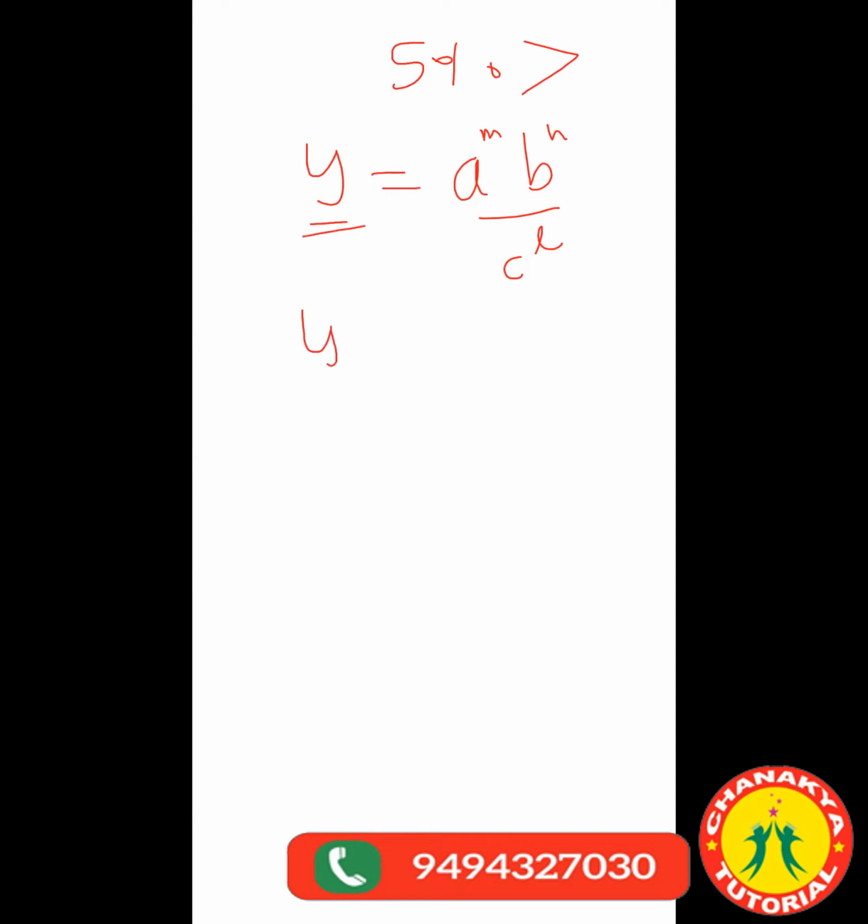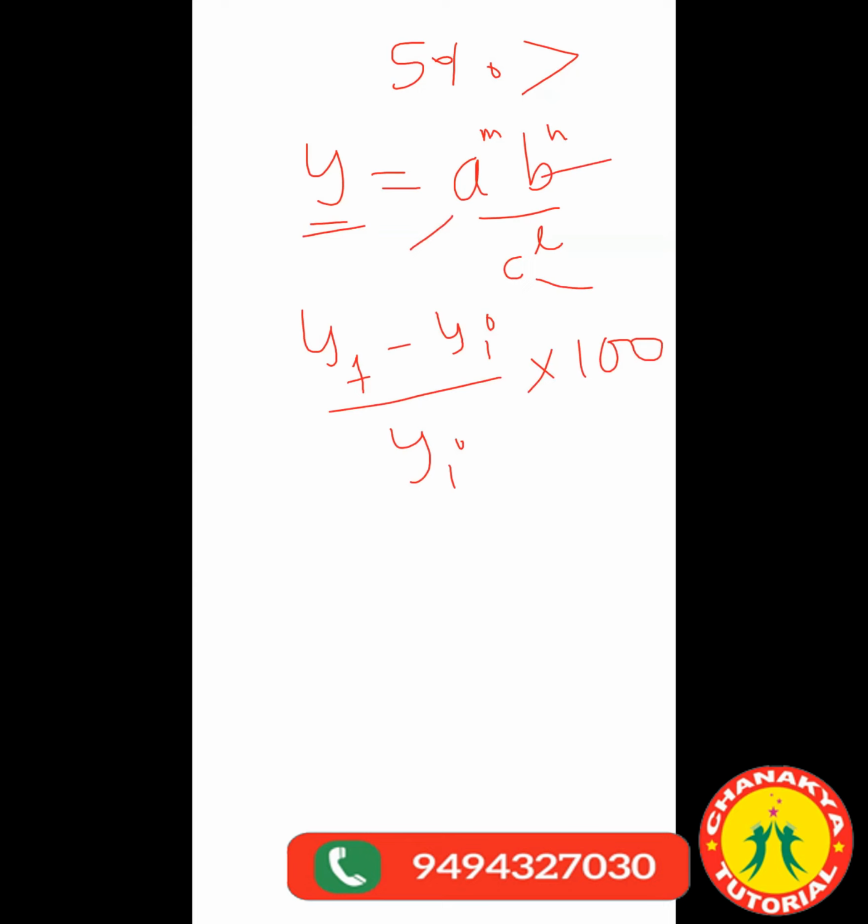Then you have to do y final minus y initial divided by y initial into 100. This will be your answer. First, they will tell you the percentage change in a, in b, and in c.